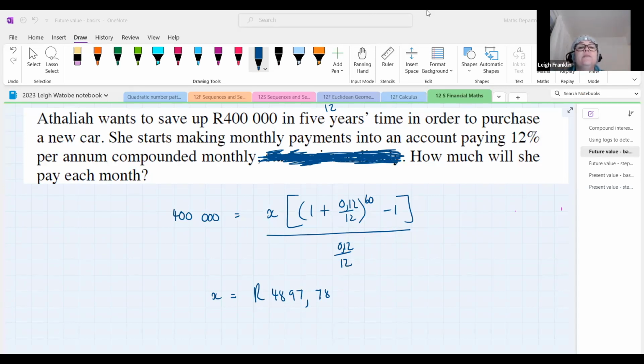In this case, they're implying the 400,000 was her future value. Our I is given, our number of payments are given. We need to calculate the number of payments.